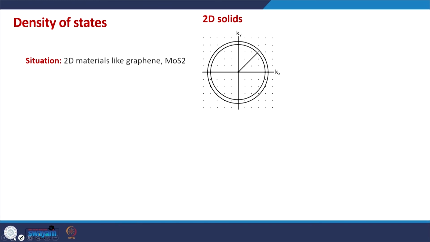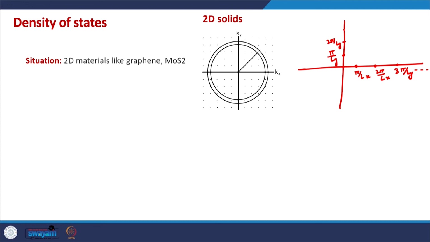In k space the allowed k points will be pi by Lx, 2 pi by Lx, 3 pi by Lx, and so on, and on the y axis pi by Ly, 2 pi by Ly, 3 pi by Ly, and so on.